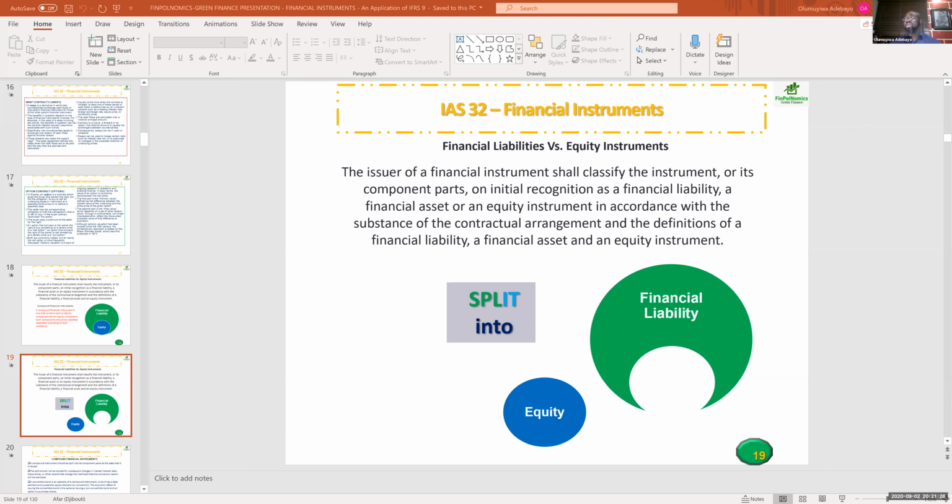Now, whether 12 or 15% is relative, there are other indices you look at. But what we are simply saying, the principle there, is that for XYZ to have its bond patronized, it must ensure that it issues that bond at a certain percentage higher than that of a convertible bond.